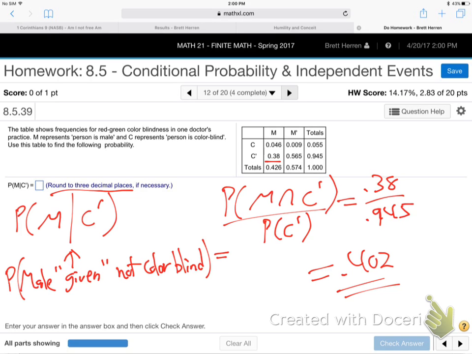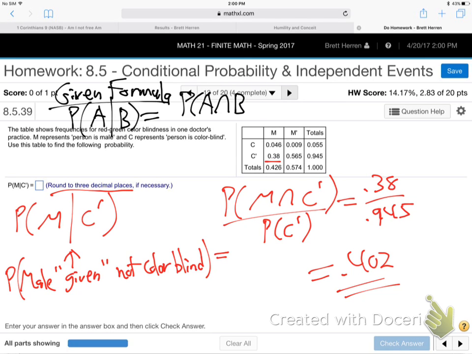So that makes sense. Let me slow down here, because this is where the formula suddenly got a little more tricky. Let me write the formula up here for extra clarification. Whenever you have, I'll call it the given formula, the probability of A given B, it means the probability of A and B over the second one.